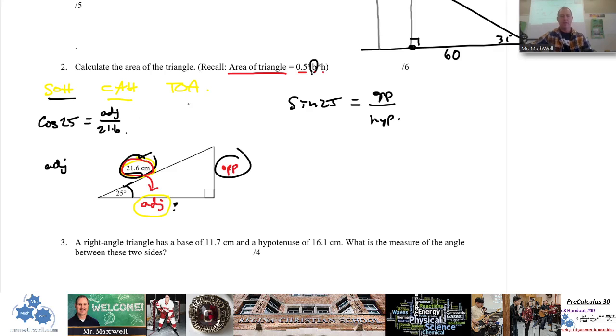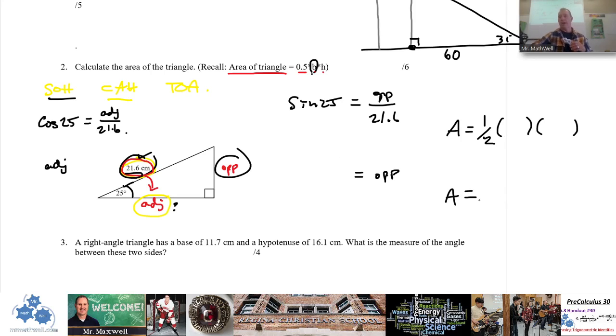And the hypotenuse, sorry, is 21.6. So then you solve for the opposite side. Once you do that, you use your area formula, 1/2 the base, which is the adjacent, times the height, which is the opposite side, and you should get your area.